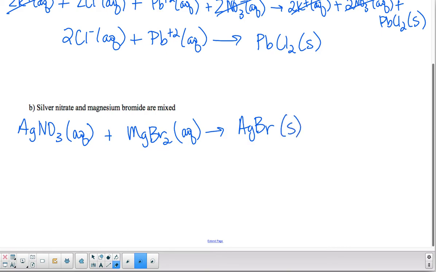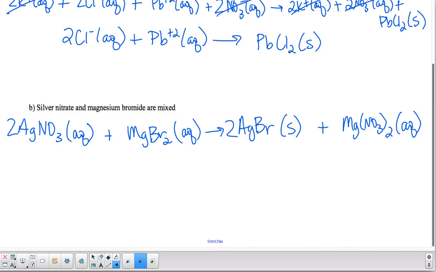Halogens are soluble except for hugs Aggies. And then, what is my other product? Mg(NO3)2, and this is aqueous because all nitrates are soluble. So we have to balance this. We need 2 nitrates, 2 nitrates, 2 silvers, 2 silvers, and my bromines are balanced.